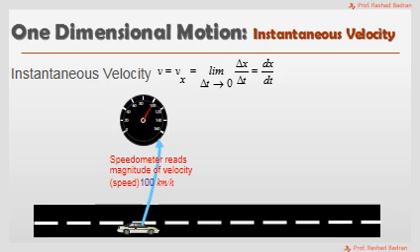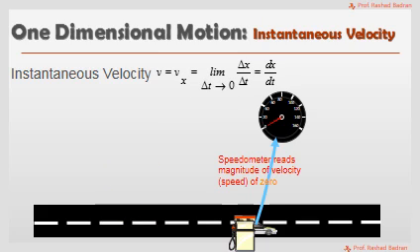The car continues its motion towards east, but the magnitude of velocity is reduced to 100 kilometers per hour. The car runs out of petrol and the driver decides to stop near a gas station, so the speed of the car reads 0.